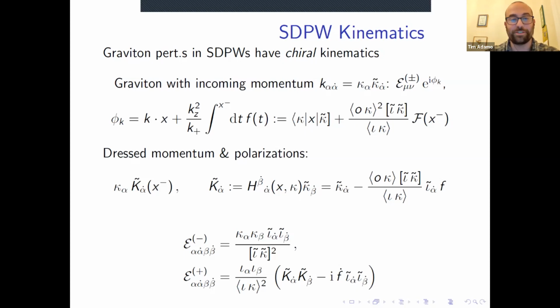So if we were in Minkowski space, that would just be k dot x. So that's this first term here. But because we're not in Minkowski space, we pick up some kind of non-trivial correction that depends on the wave profile, that function f.